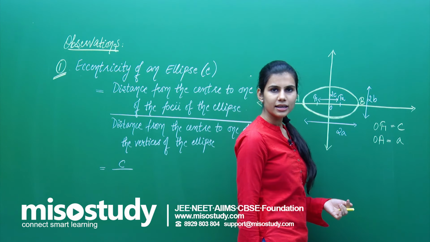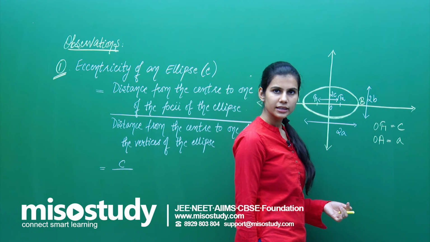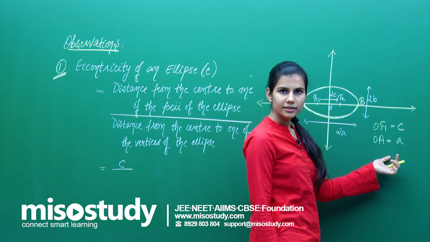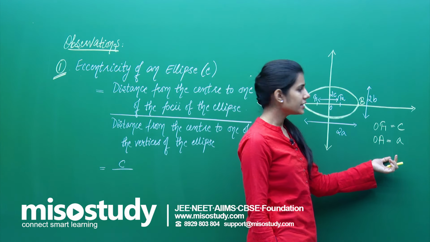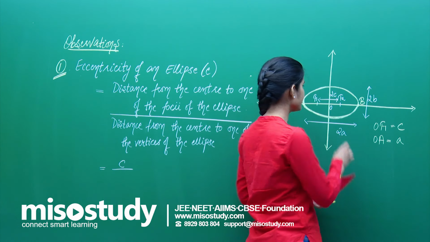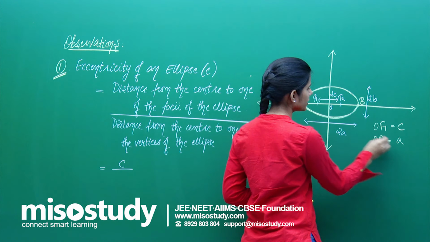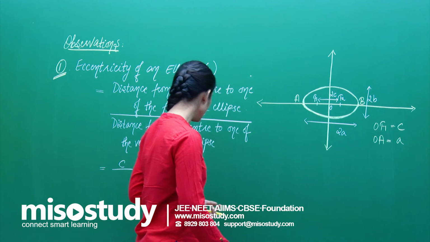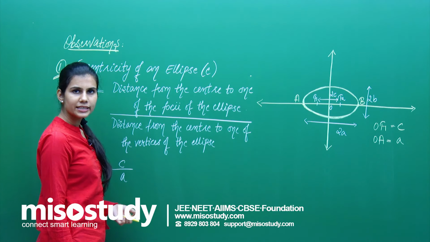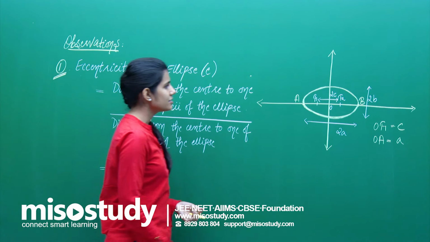OA is representing the length of the line segment joining O to A, or I can say it is representing the distance from the center O to one of the vertices A. From the center O to one of the vertices A, distance is given by small a, so denominator will be small a.